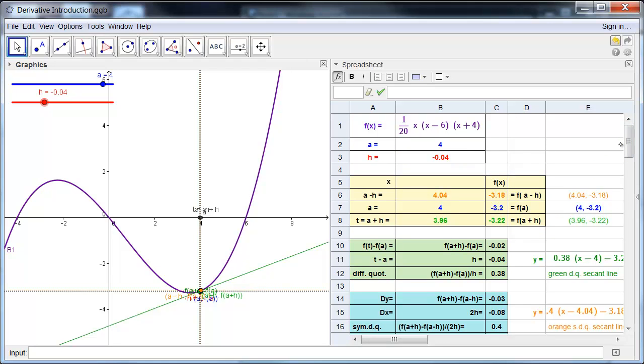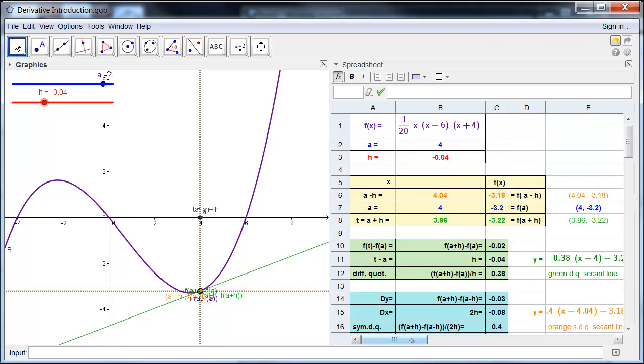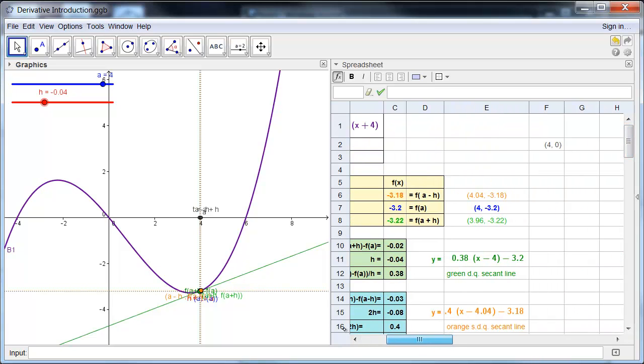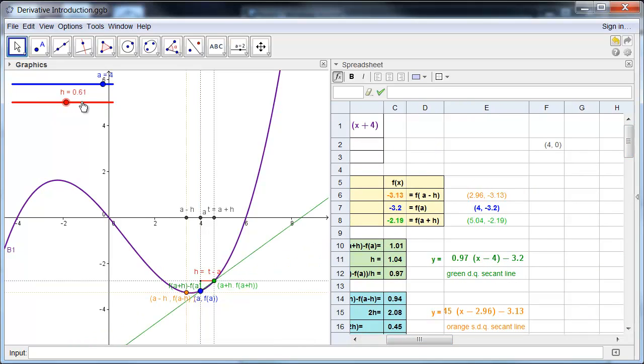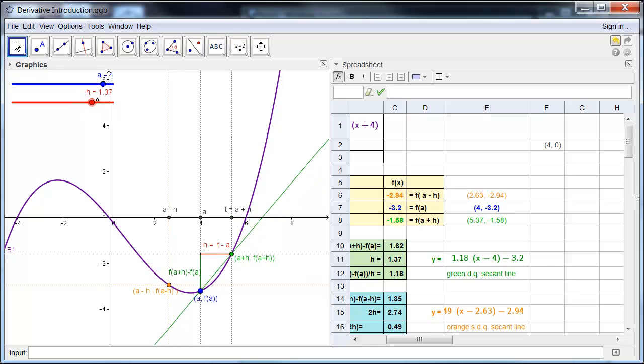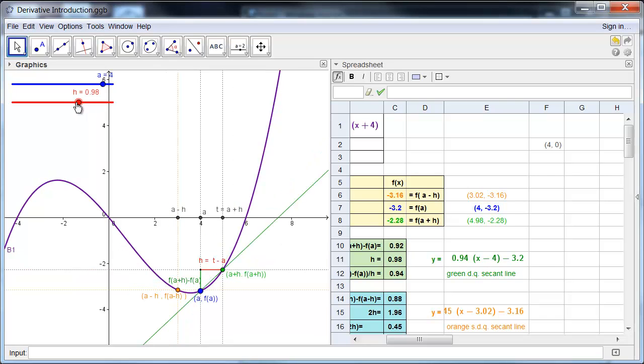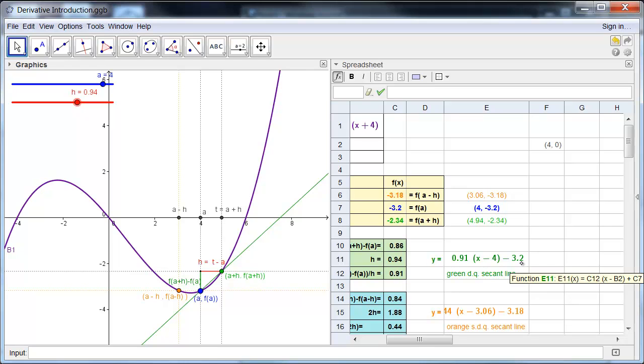Okay, and I can actually show the tangent line. By the way, what's the equation for the secant line? Let's move back over here a little bit. Okay, so here's a pretty big h. Let's do a little bit better than that. There we go. 0.91 is the slope of that secant line, and so we can use the point slope form of the line.